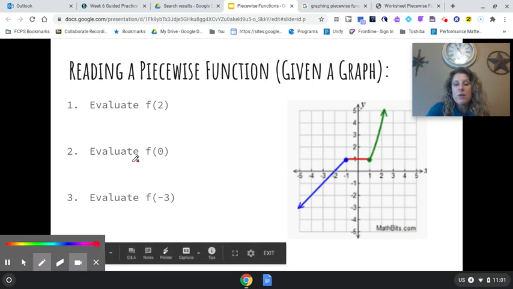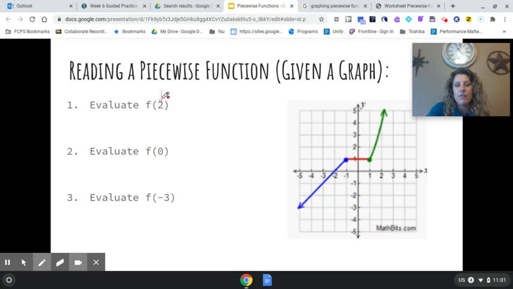If we remember function notation, 2 is called the input of the function, or the x value is 2. And we want to evaluate that. So we want to know, what is the y value? When x is 2, I'm going to go 2 to the right. I need to figure out what that y value is. It intersects at a y value on that green function, and that y value would be 4.